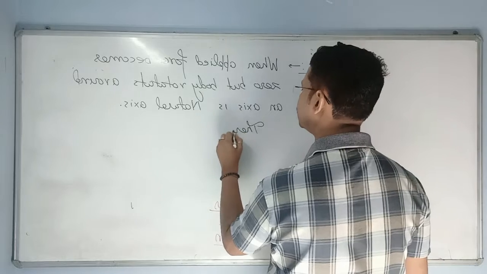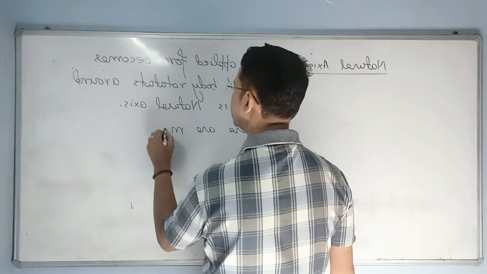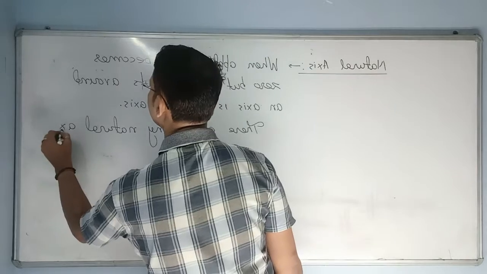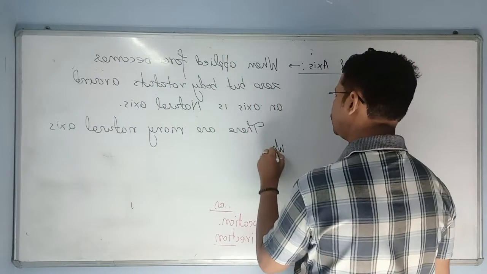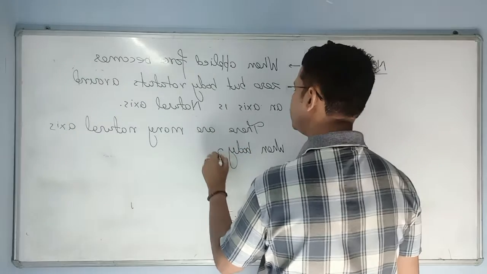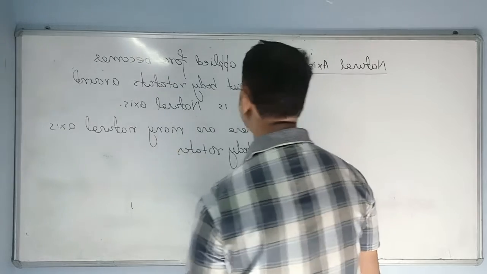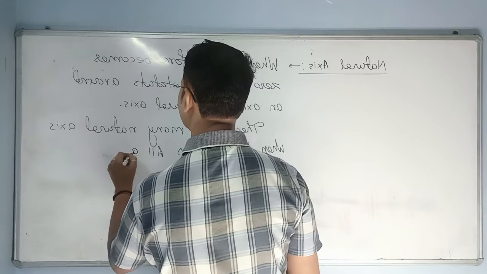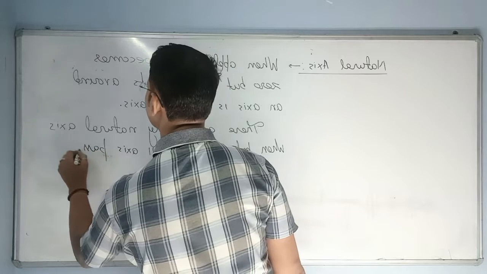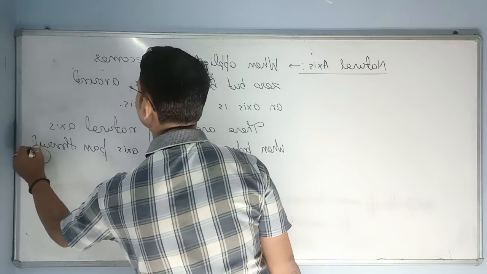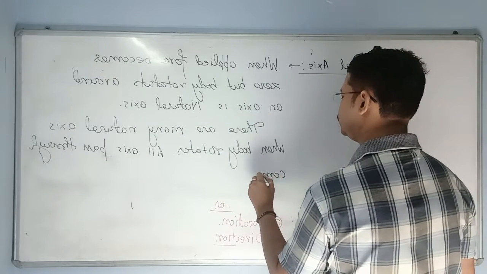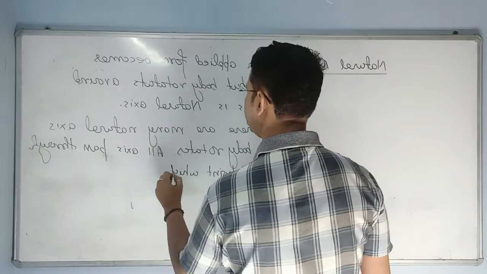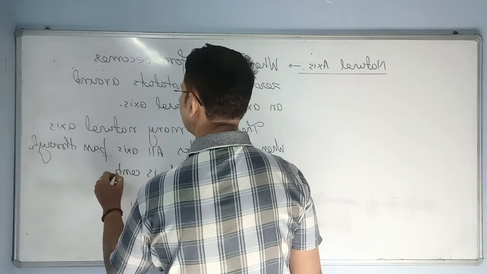There are many natural axes. When the body rotates, all the axes pass through a common point, which is the center of mass.